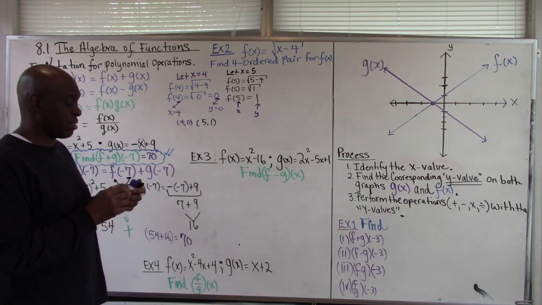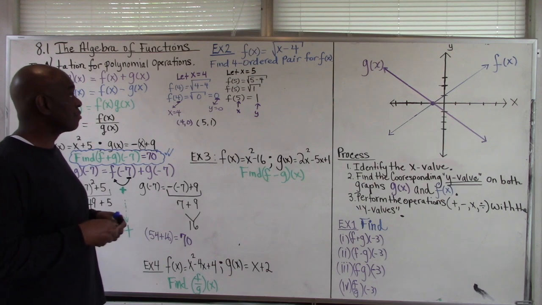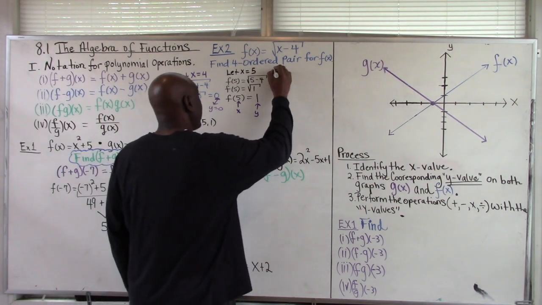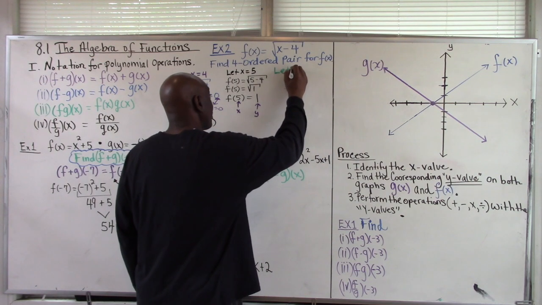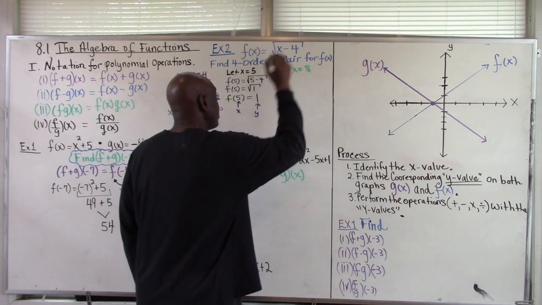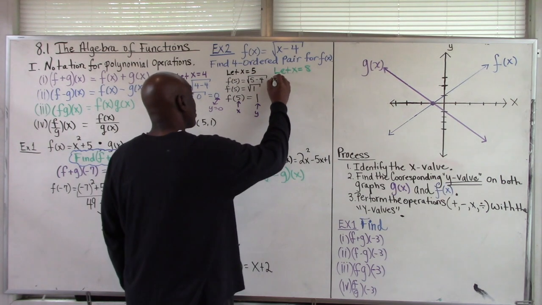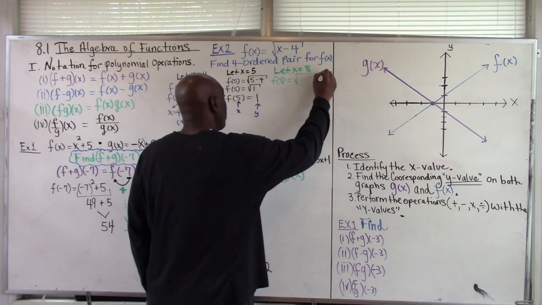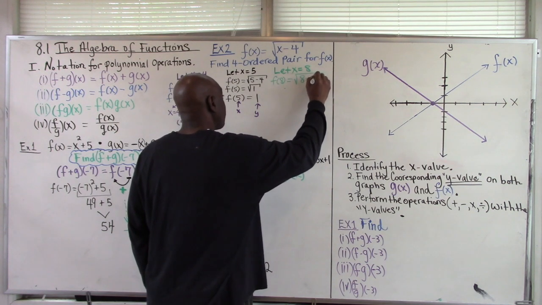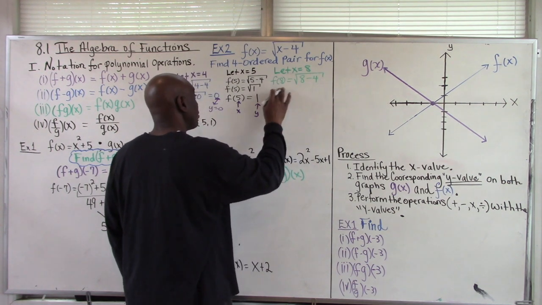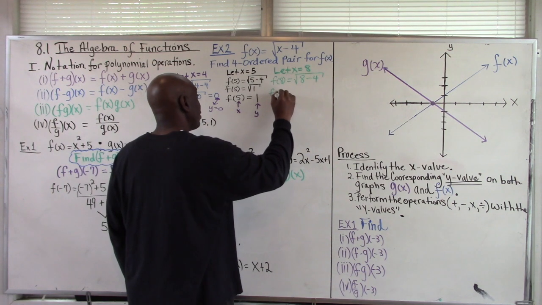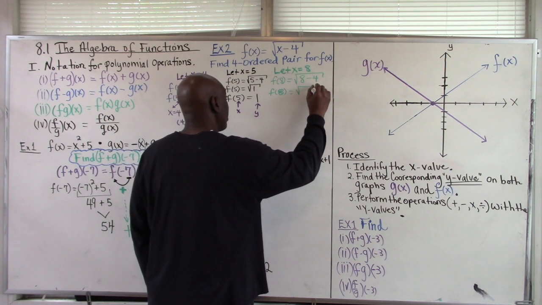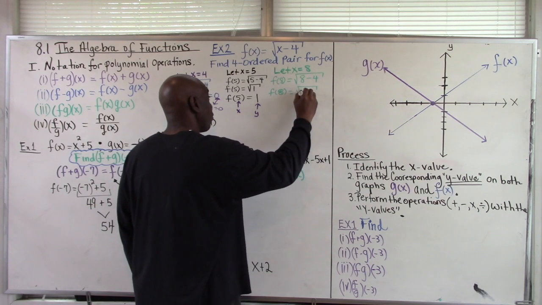Now what are you going to let x equal after 5? All right, I'm going to let x equal 8. So then f of 8 equals the square root of 8 minus 4. And so f of 8 equals the square root of, well, what's 8 minus 4? 4.